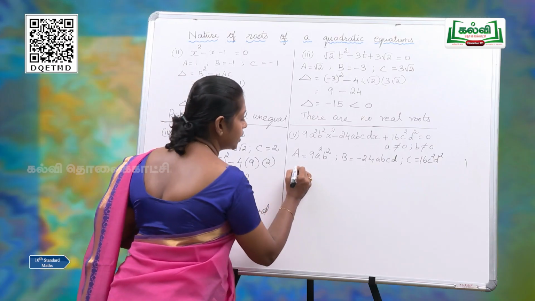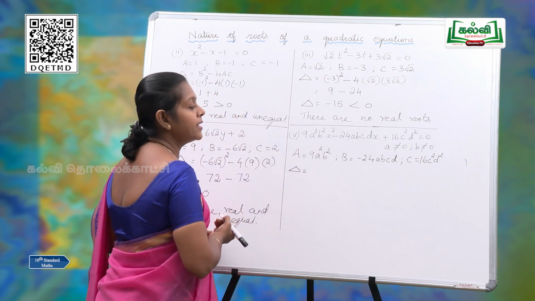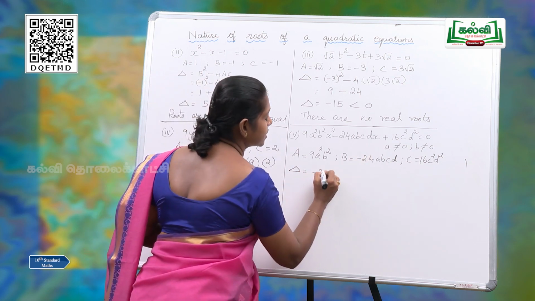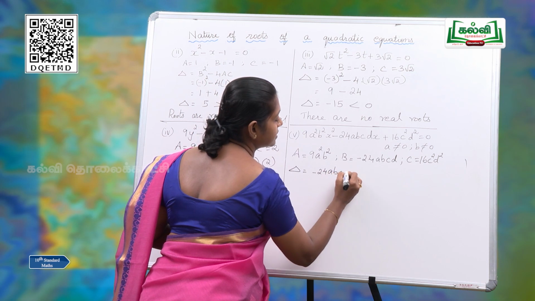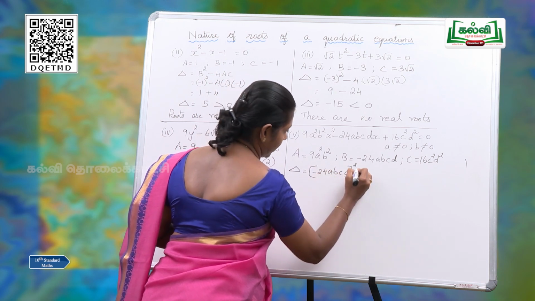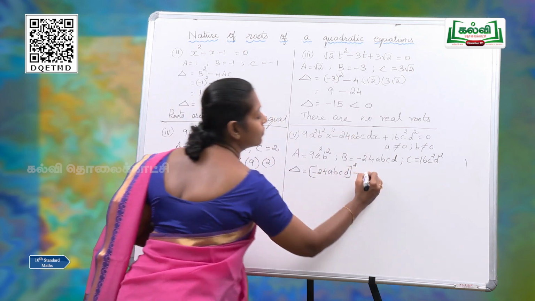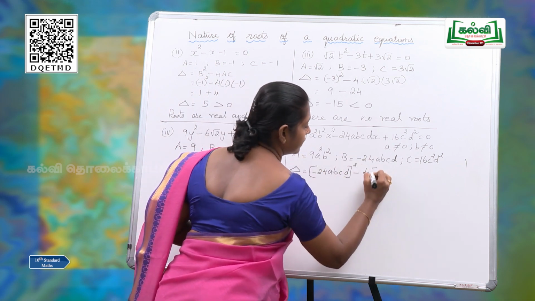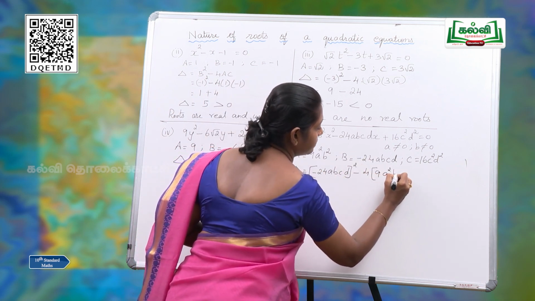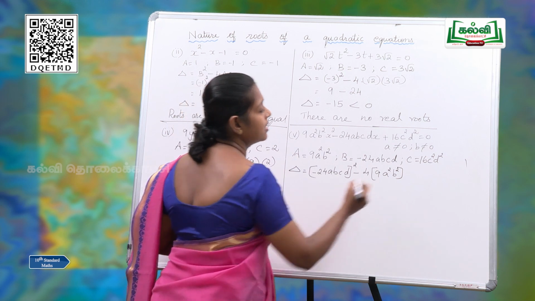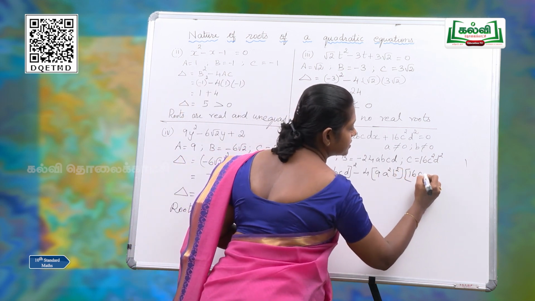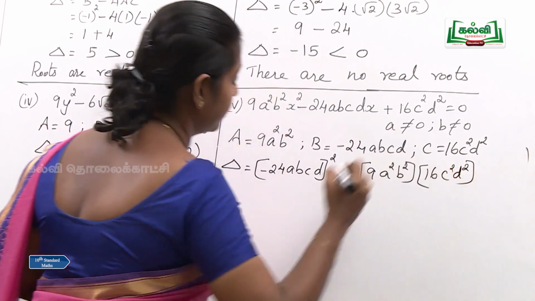As usual, you have to apply in the formula. B squared, that means minus 24 a, b, c, d whole squared minus 4 into 9 a squared b squared, and what is c? 16 c squared d squared.